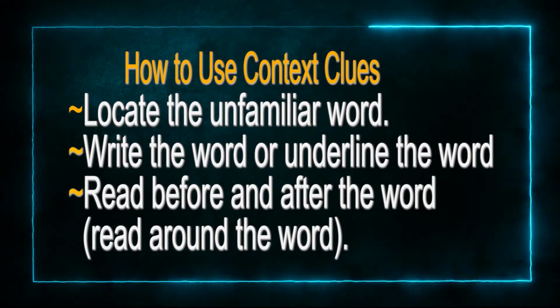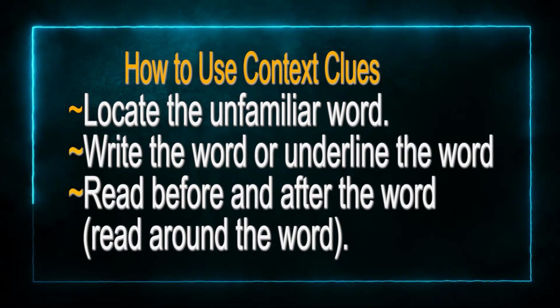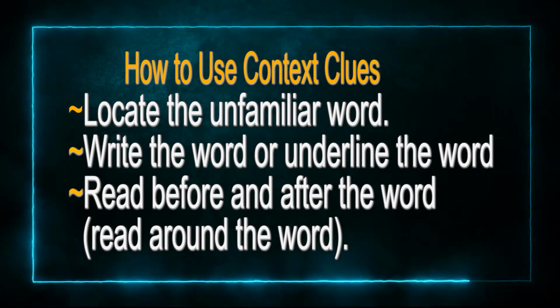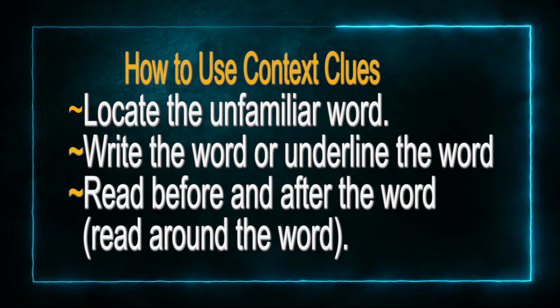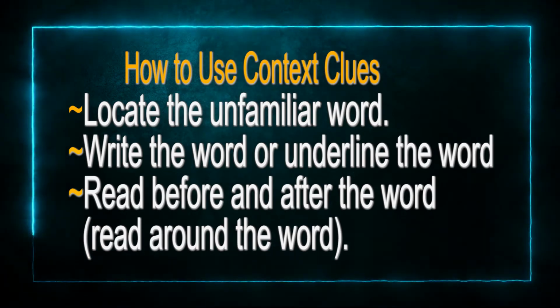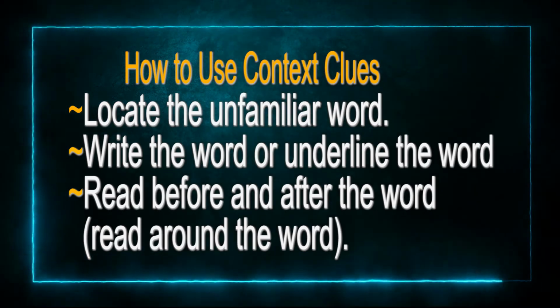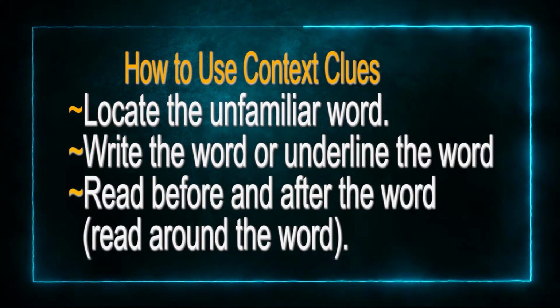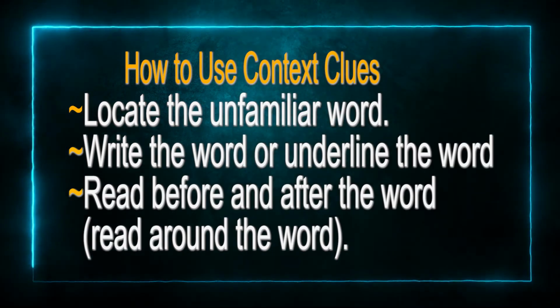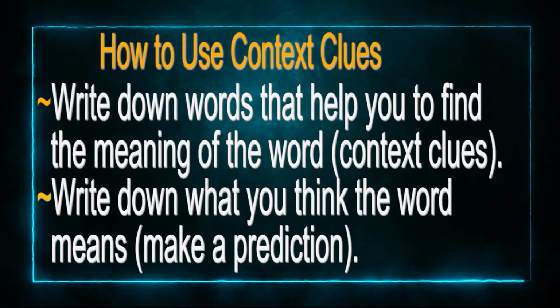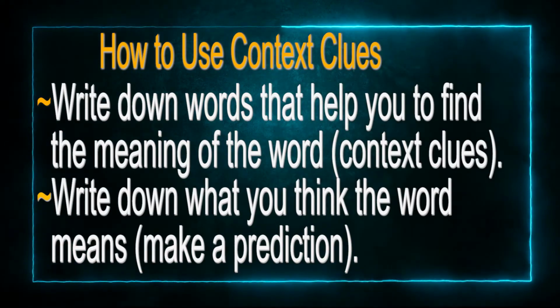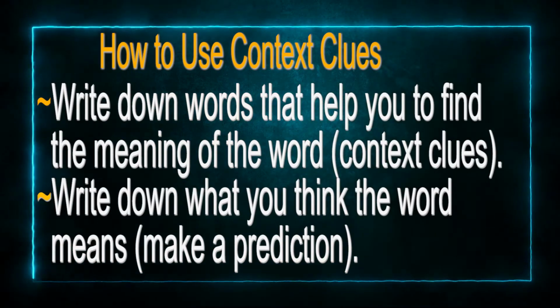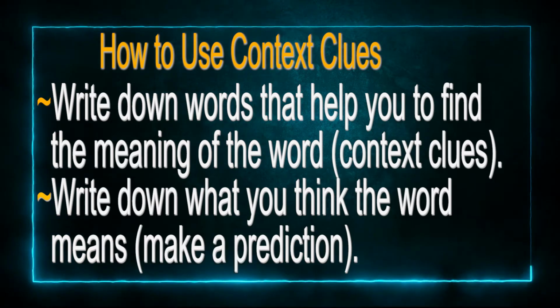There are some guidelines that we should use when we are finding context clues. First, we need to locate the unfamiliar word. We need to write that word or underline the word. Read before and after the word, which means that we are reading around the word. Write down words that help you to find the meaning of the word, and those we consider as context clues.